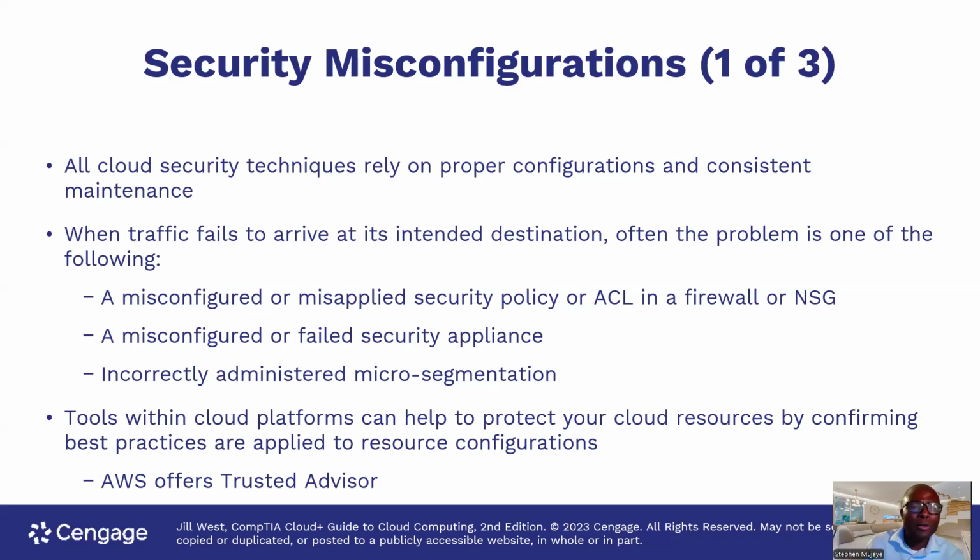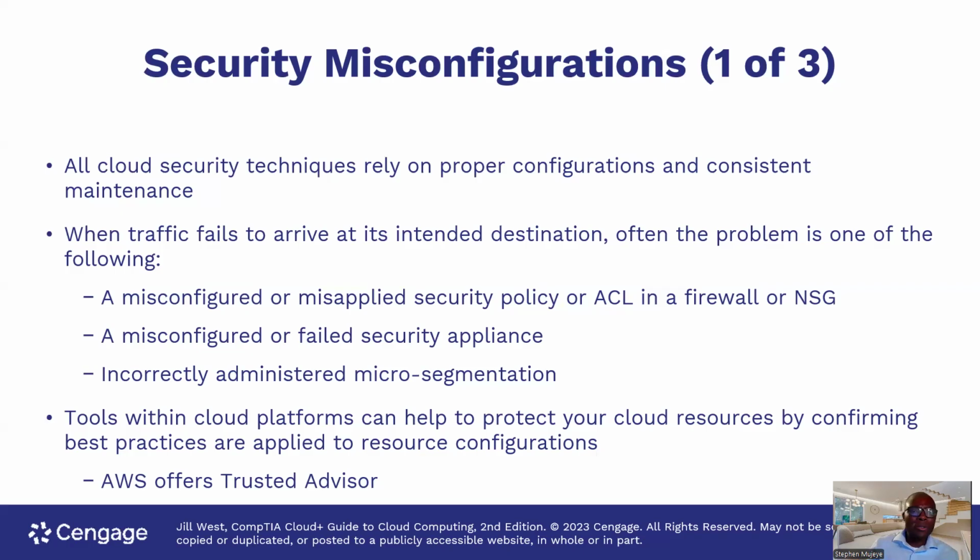And when traffic fails to arrive at the intended destination, problems happen because of these reasons: a misconfigured or misapplied security policy or access control list, ACL, in a firewall or NSG, a misconfigured or failed security appliance, right? So notice that configuration keeps coming up, or incorrectly administered microsegmentation.